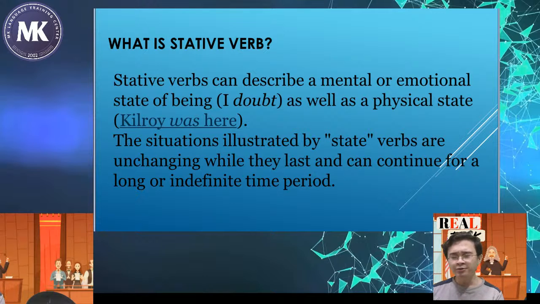There's a similarity with accomplishment verbs among the dynamic verbs, because they can last for a long time also. But of course, there's a result, right? Here, a stative verb only shows a situation that can last and continue for a long or indefinite time period.